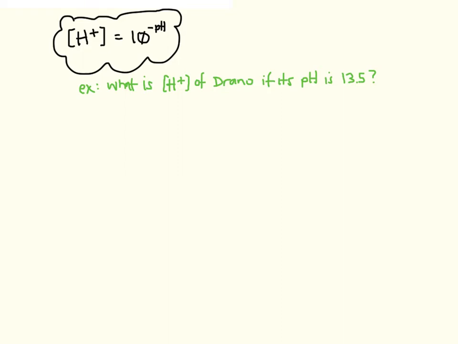And so we know, of course, because it's got such a high pH, it's probably going to have a pretty low concentration of hydrogen ions. So you would just take 10 and raise it to the negative 13.5, and that gives you about 3.2 times 10 to the negative 14.